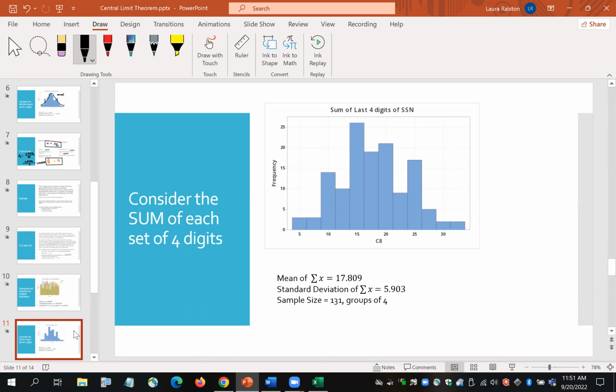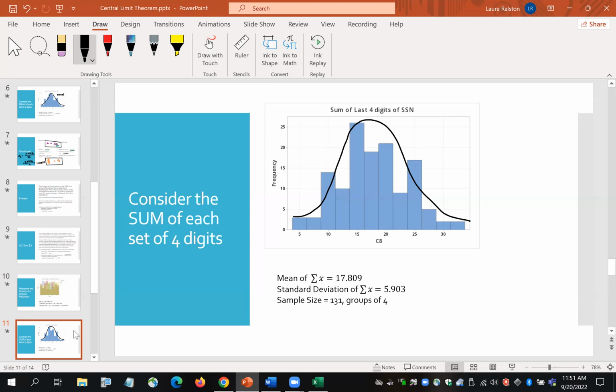If you look at the sum of those last 4 digits, you get a reasonably bell-shaped distribution. Now, it's not perfect, but nothing in life is. But you get a reasonable bell-shaped curve when you look at the histogram of the sum of those 4 digits.